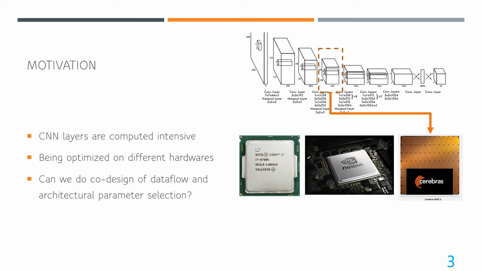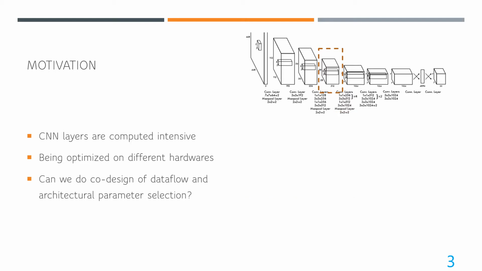The accelerator community uses the term data flow to signify the execution order of a computation. For dense computation, data flow can be represented using loop permutation and loop tiling. Two accelerators with the same number of storage and computational resources can have different data flows, resulting in better performance and better energy efficiency.